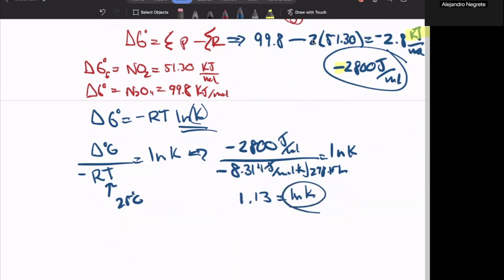We have to get out of this natural log, because we want to know what K is, not the natural log of K. To do that, we put e to the 1.13, this special Euler's number, and K is equal to 3.1.